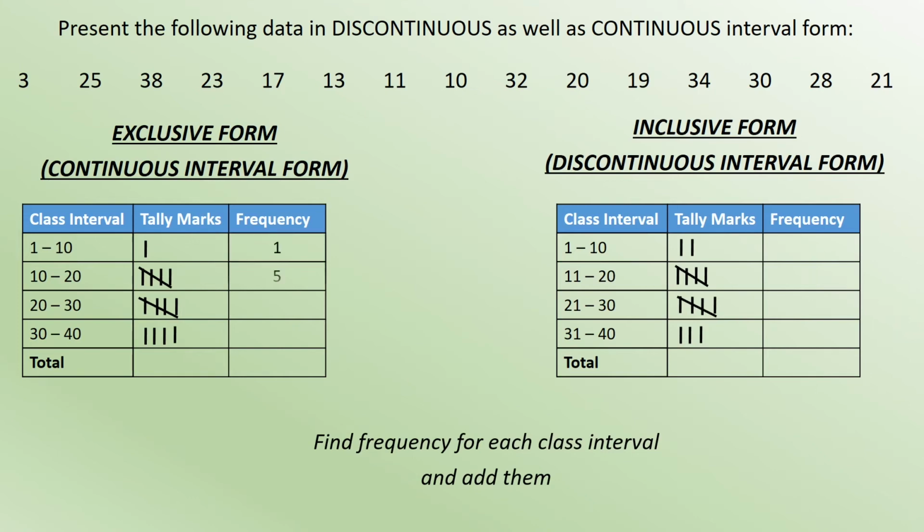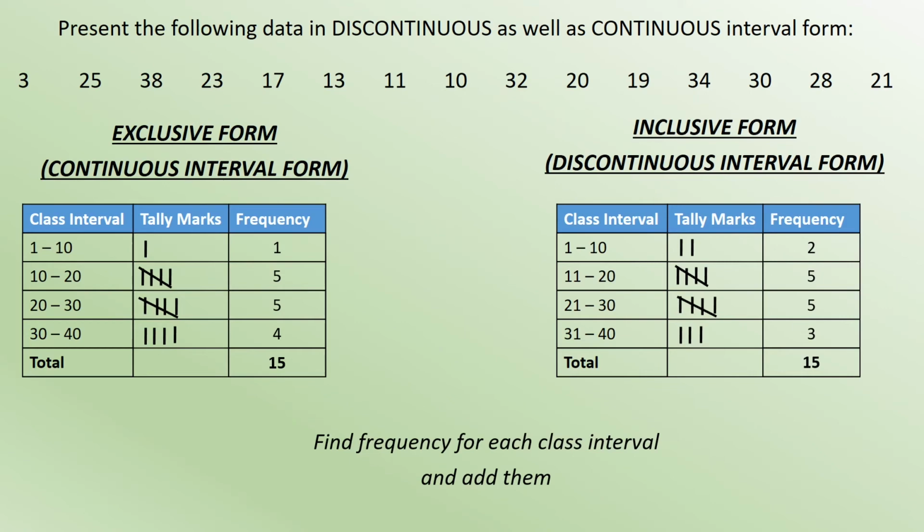So for exclusive form, the frequencies are 1, 5, 5 and 4, and the total is 15. And for the inclusive form, frequencies are 2, 5, 5 and 3, that is again total 15. So this is how we do tallymarks, or we prepare a frequency distribution for continuous class interval form as well as discontinuous class interval form.